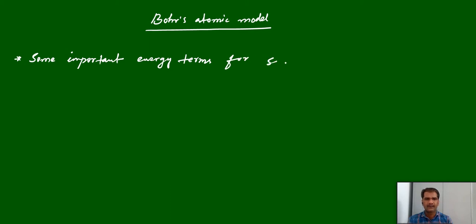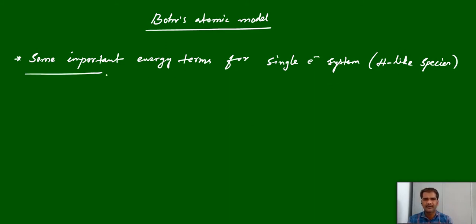A single electronic system is just a hydrogen-like species. Hydrogen has a single electron, so we can say single electronic system or hydrogen-like species.